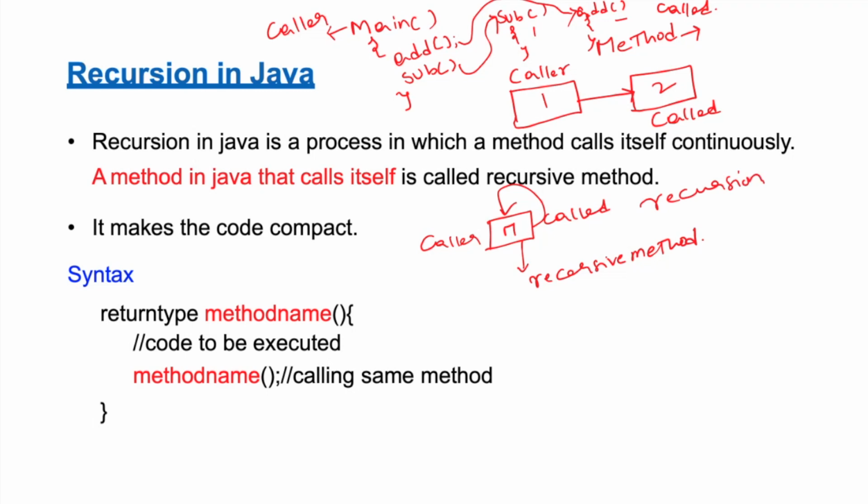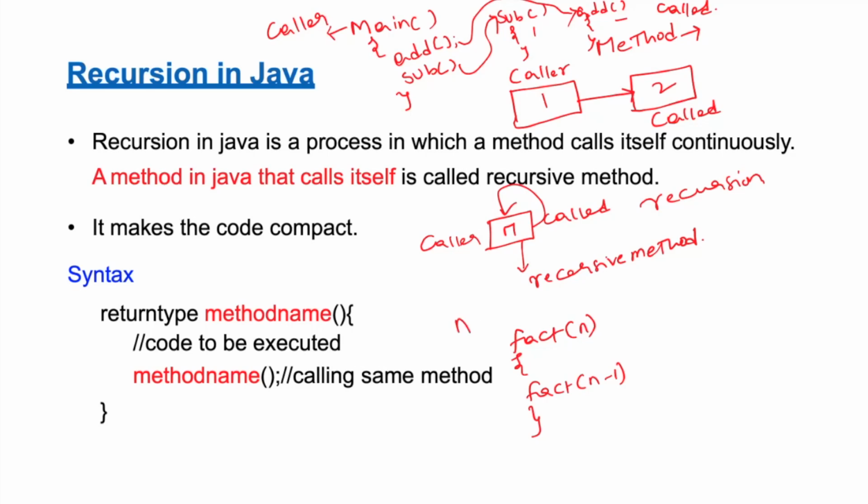Okay, so we can take a simple code here. A return type is there, the method name we are going to specify, and then we write the method body. For example, factorial of n. Inside this I'm going to call factorial of n minus 1 again.